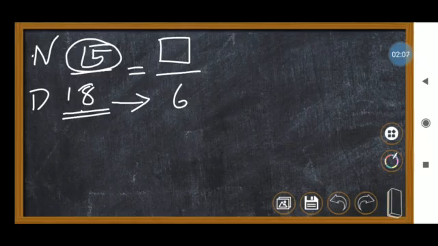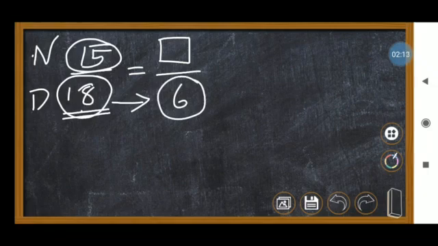One thing you have to know: between 18 and 6, which one is the bigger number? 18. Whenever the denominator goes from a big number to a smaller number after converting, there must be a division.